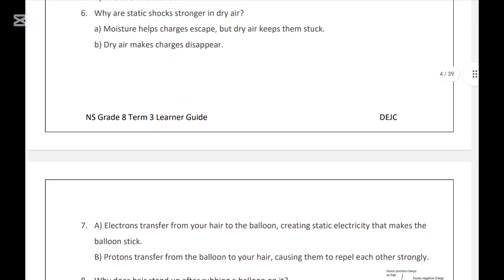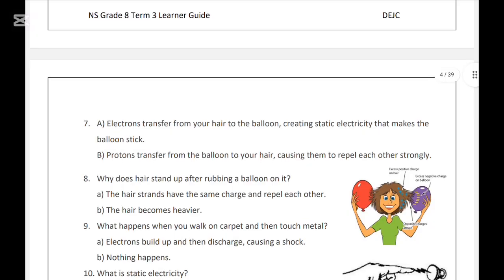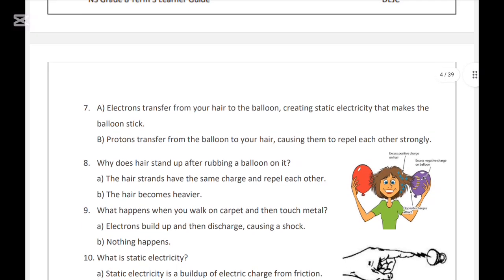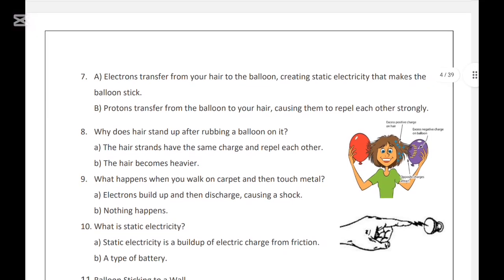What is happening on this one? Number 7. A. Electrons transfer from your hair to the balloon, creating static electricity that makes the balloon stick.